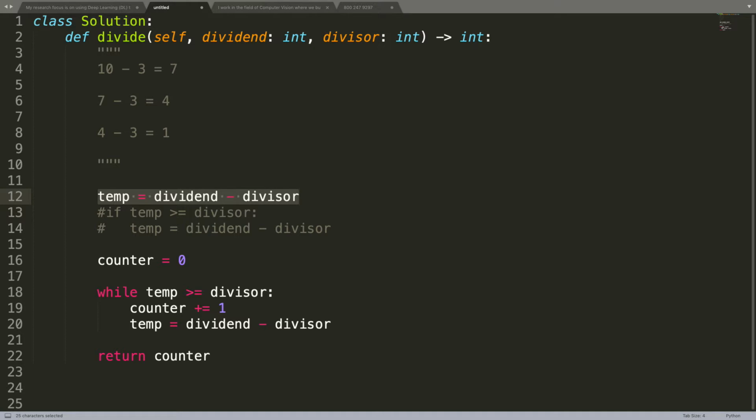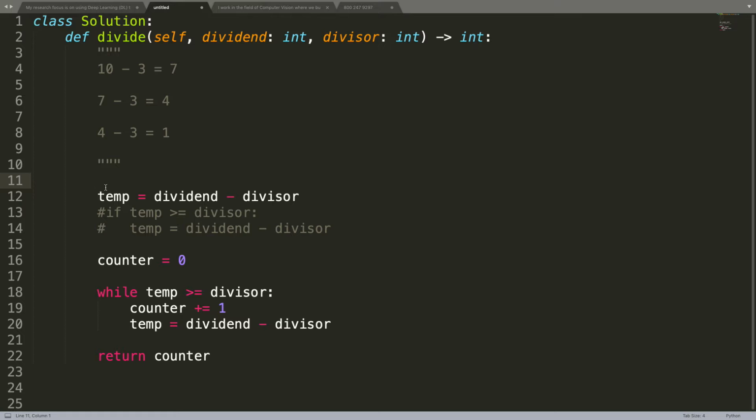There's nothing that says in the question whether we should assume that dividends will always be greater than divisor. So they didn't say anything about that.